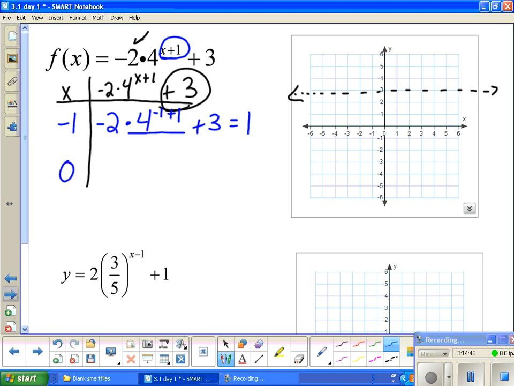Now let's try 0. -2 times 4 to the 0 plus 1 plus 3. That's equal to 4 times -2, -8, plus 3 equal to negative 5. So we're at negative 1, 1, and 0, negative 5.